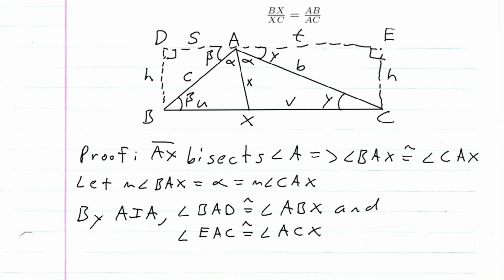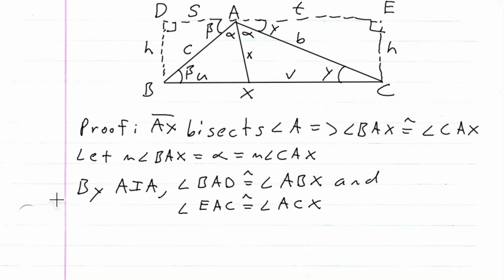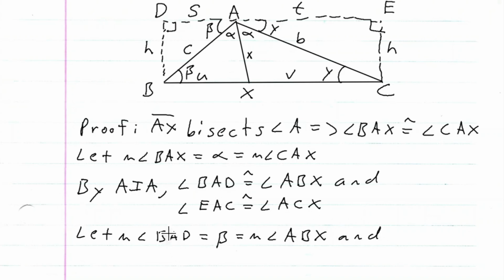So let the measure of angle BAD equal beta, which equals the measure of angle ABX, and the measure of angle EAC equal y, which is equal to the measure of angle ACX.